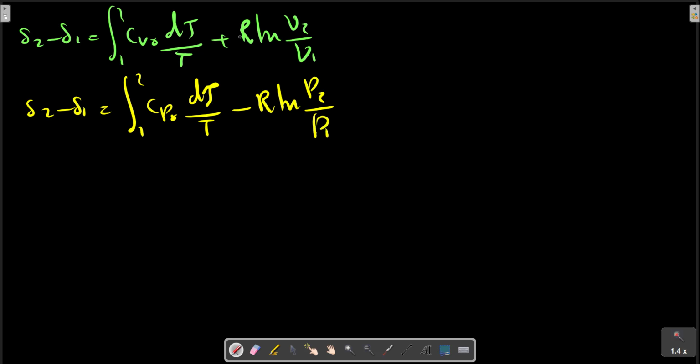To make an integration of the relation, three possible methods are available. The first is a constant Cp0 and Cv0 available in tables.